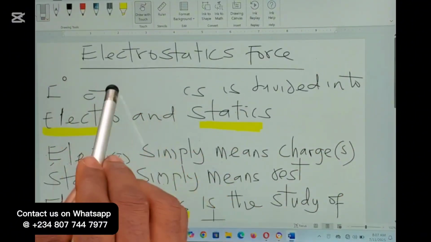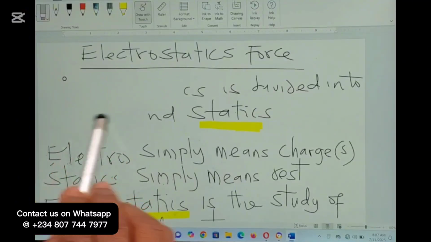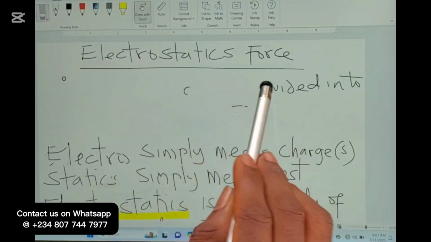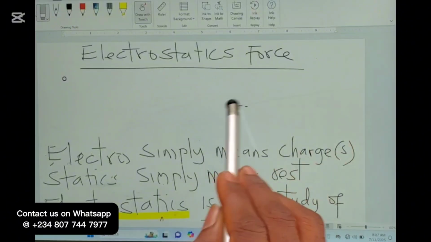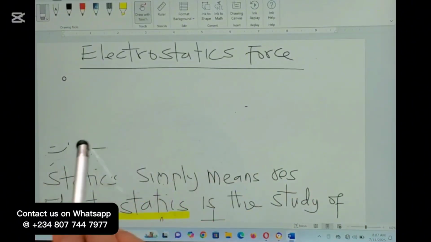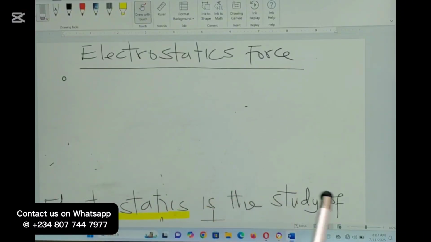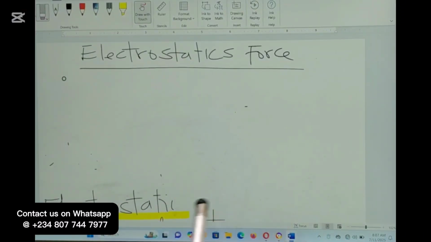Okay, let me clean the board here. Coulomb's law states that the force of attraction or repulsion is directly proportional to the product of the two charges, Q1 Q2, and inversely proportional to the square of the distance, r squared.